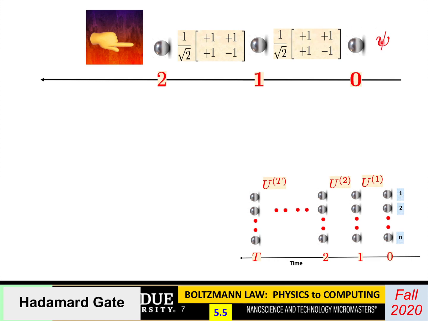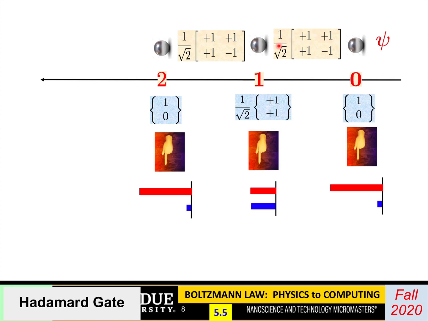Given a wave function, as you apply it, you transform it, and then again. So we have applied it twice here. And the interesting thing is, if you start from all up and you apply it once, it spreads it out equally between the up and the down.